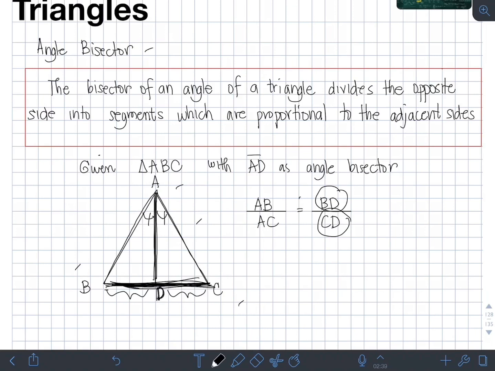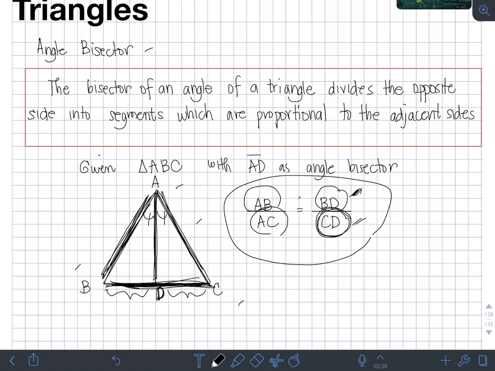So, dapat equal din siya sa ratio nitong adjacent dito sa BD, which is itong AB, over this time naman sa adjacent dito sa side CD, which is AC. Okay? So, AB over AC. So, ito yung mabubuo nating equation for this theorem. AB over AC equals BD over CD.